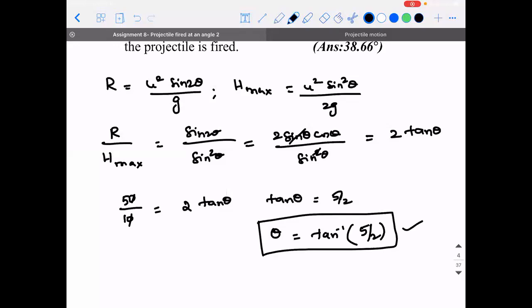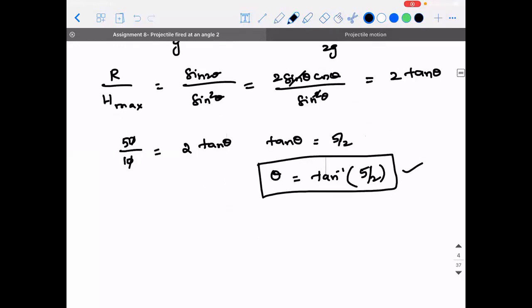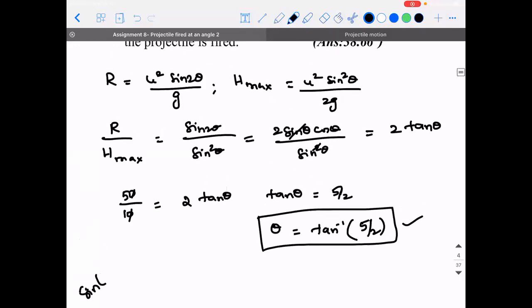Sir, is writing 2 sine theta and sine 2 theta the same? No. So you guys have not learned this, sir. Sir, in the first step, R upon H max should be 2 sine 2 theta upon sine square theta, right? Why 2 sine 2 theta?